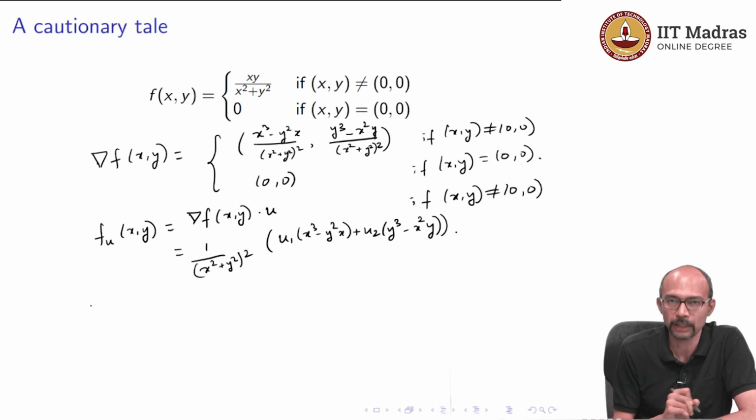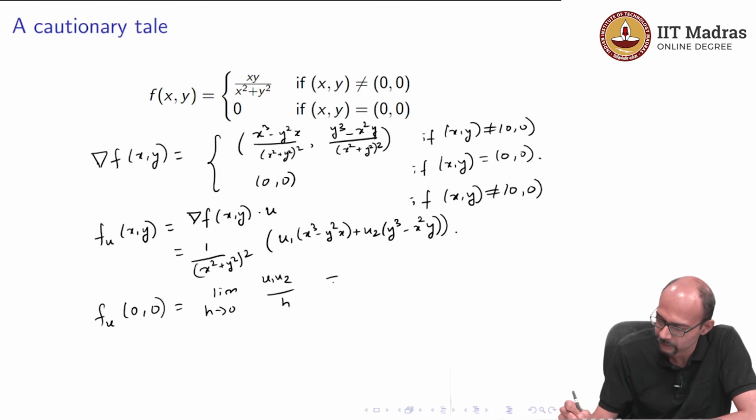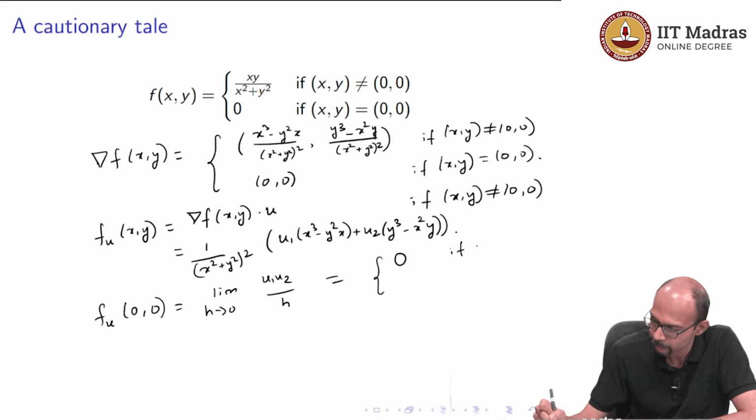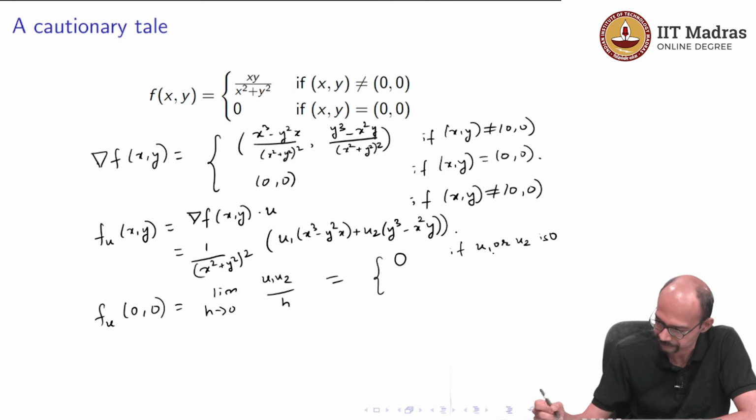What happens at 0, and this is the real cautionary tale here. So, at 0, we actually computed what happens, and what we got, if you remember, was u 1 u 2 by h. So, this is 0 if u 1 or u 2 is 0, which means it is in the direction of the x axis or the y axis.